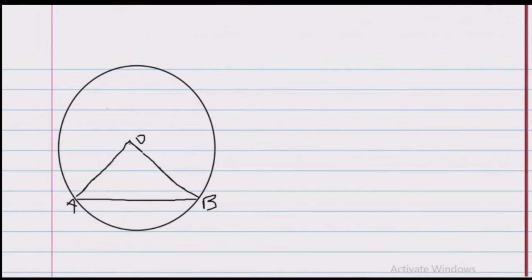Now we would say arc AB, or chord AB. Let me just draw this. I would say chord AB or arc AB subtends O at the center.